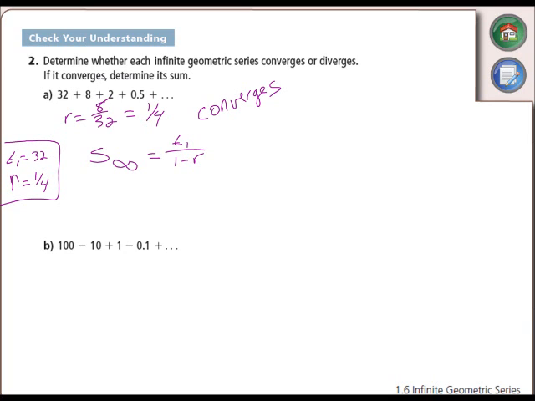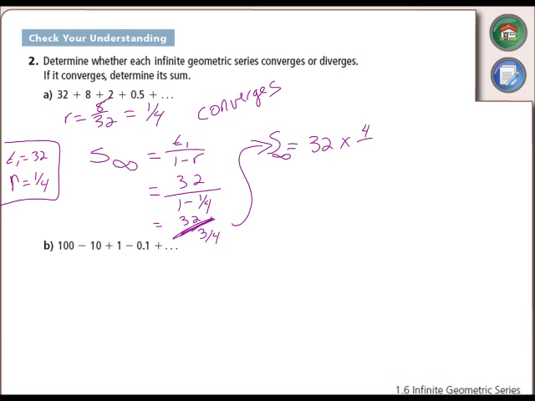Plug her in. 32 over 1 minus 1/4 equals 32 over 3/4. Dividing is the same as multiplying by the reciprocal. So we've got 32 multiplied by the reciprocal of 3/4, 4/3.